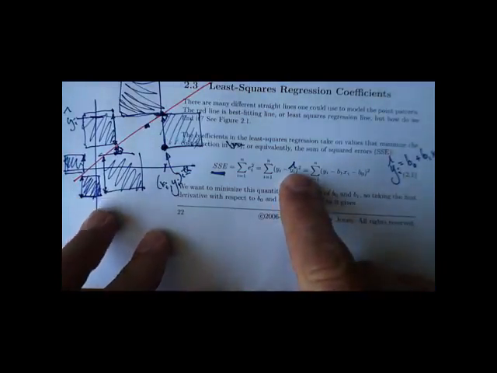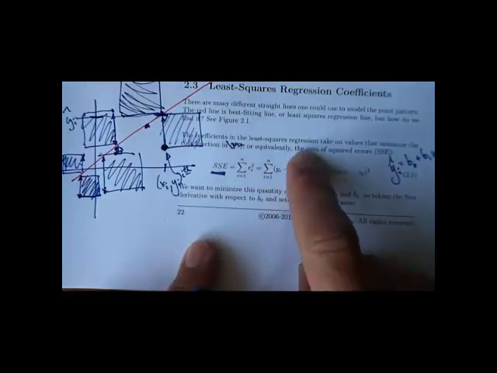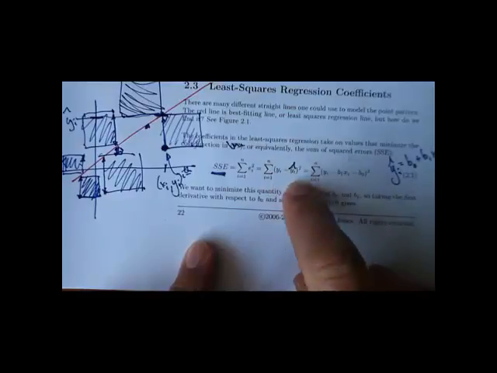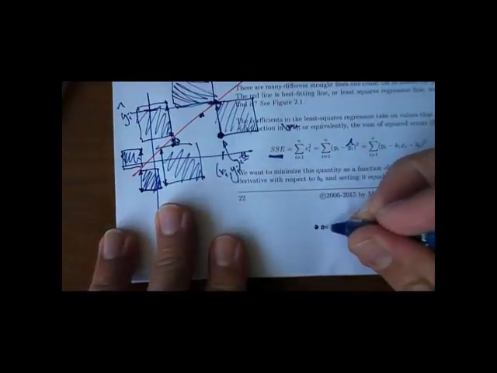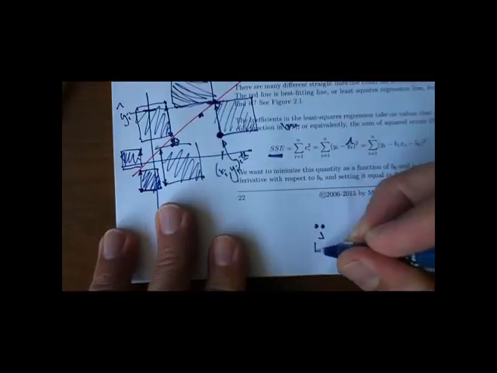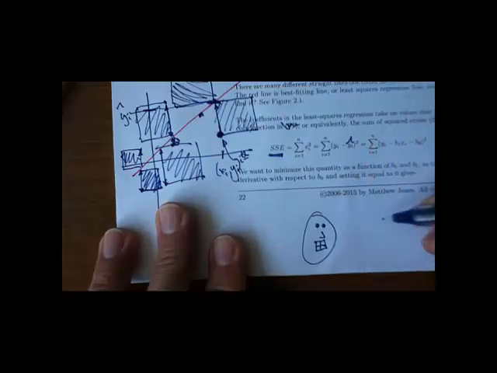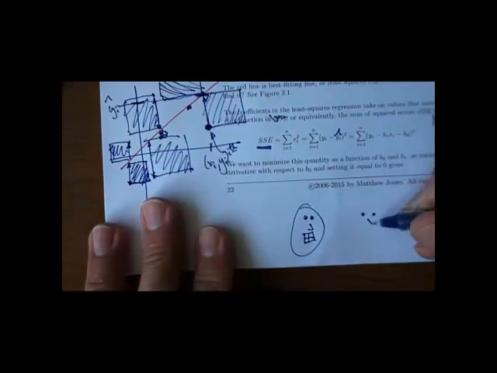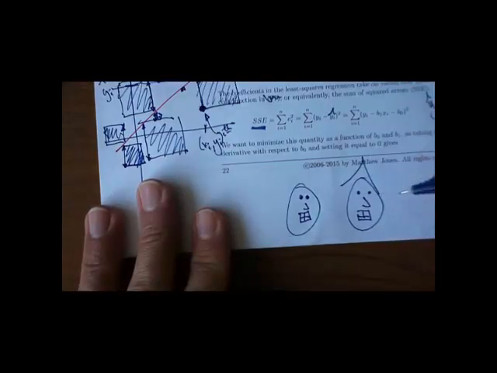By the way, whenever we write a hat over something in statistics, it means that we're estimating the thing underneath it with the quantity that has the hat on it. For example, if this is Matt Jones, then this is an estimate for Matt Jones. The hat says estimator.